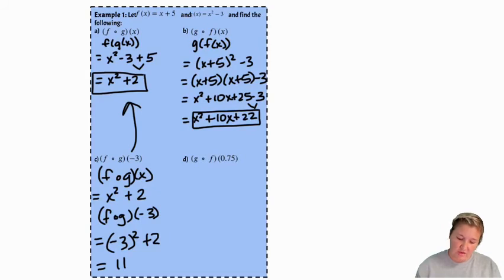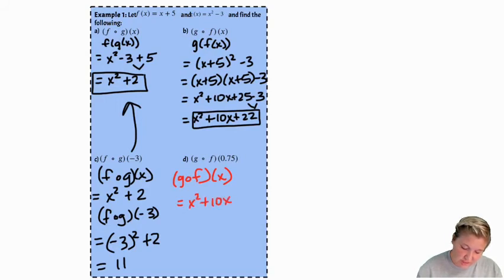Now I'm going to do g composed of f of 0.75. I always made g composed of f of x really hard. I don't know why I did. Let's write this like we did the other one. g composed of f of x is x squared plus 10x plus 22. Then I'm going to replace the x's.